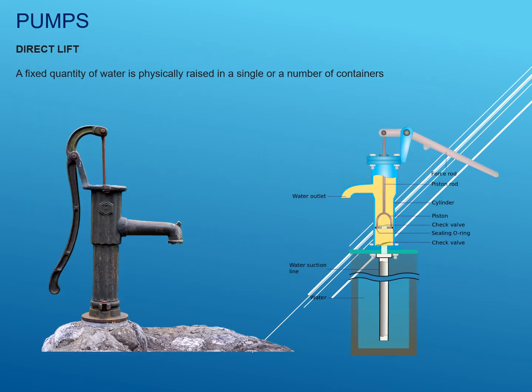Now let's talk about the different types of pumps. The first is called a direct lift. Usually this is found in deep well or groundwater sources. A fixed quantity of water is physically raised in a single container or a number of containers.